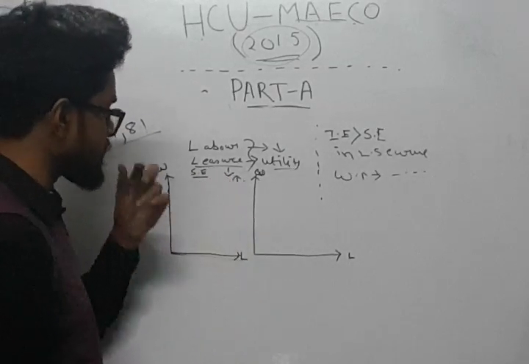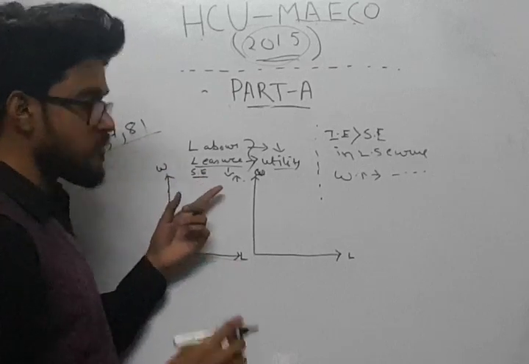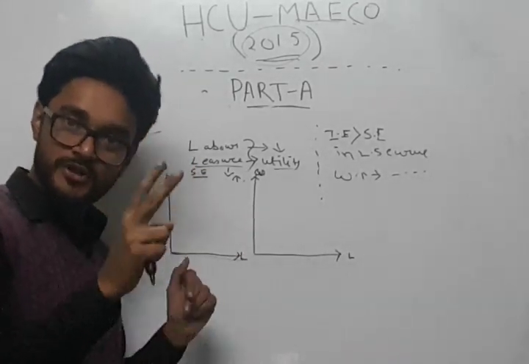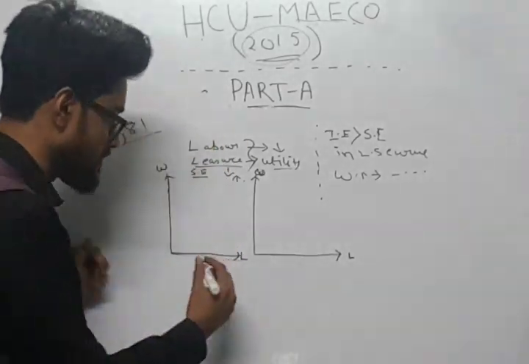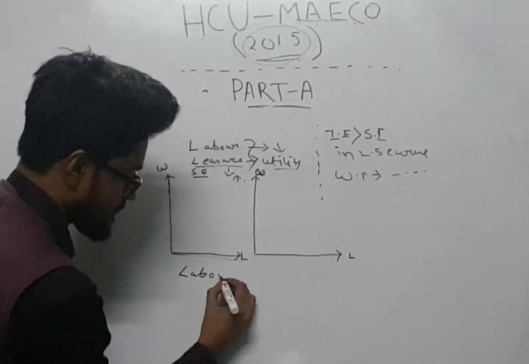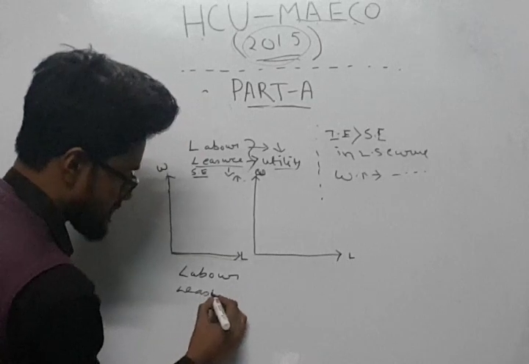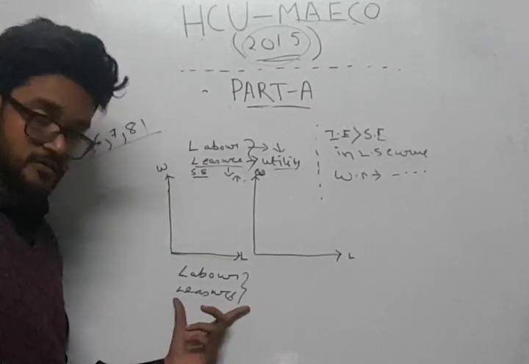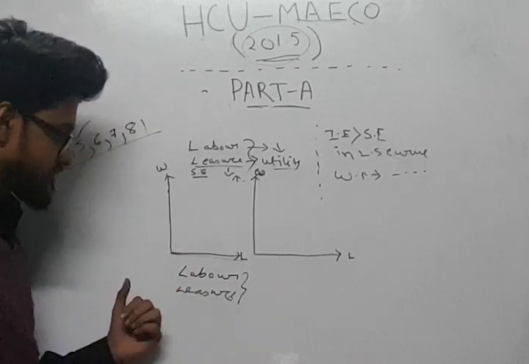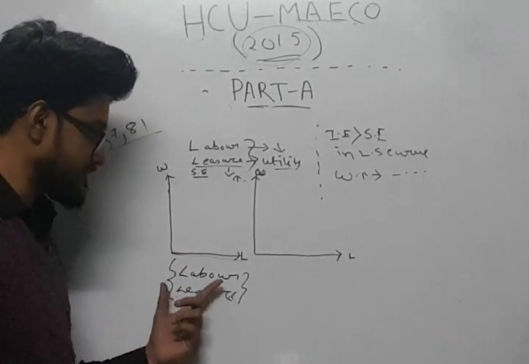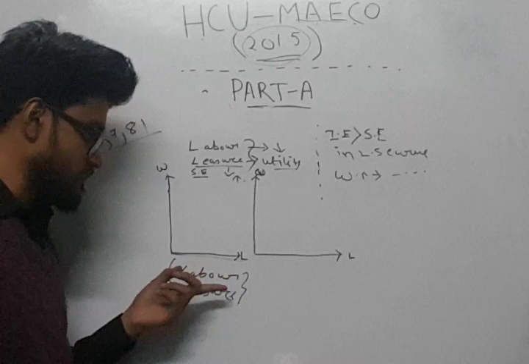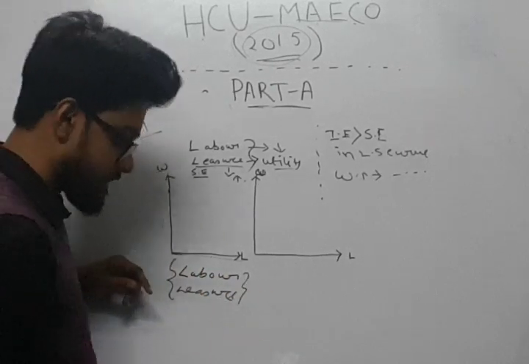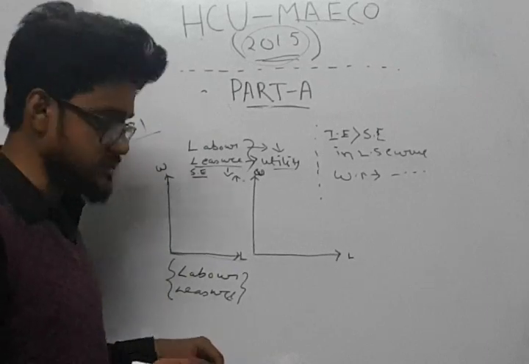What is substitution effect? Like in consumer behavior, here also there are 2 commodities: one is labor, another is leisure. The worker has to decide between these 2. He will either consume labor or consume leisure. Obviously the concept of opportunity cost applies here also.